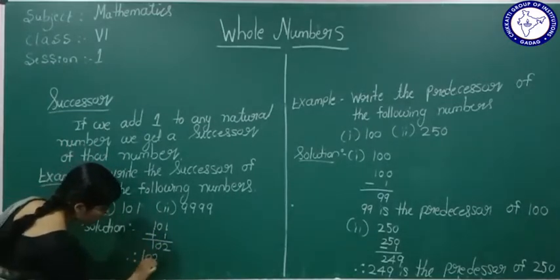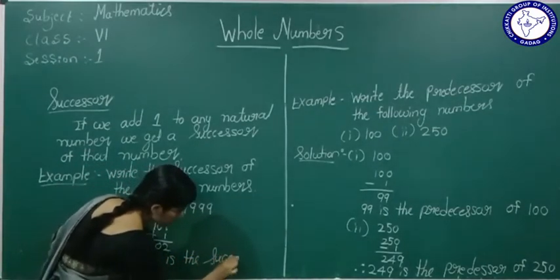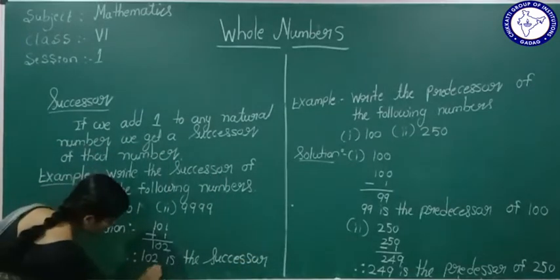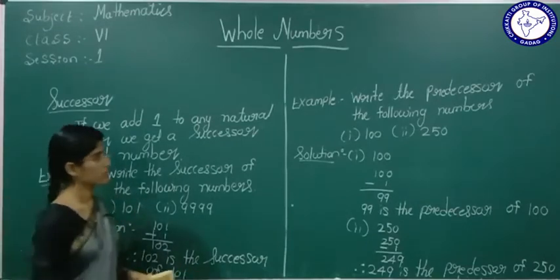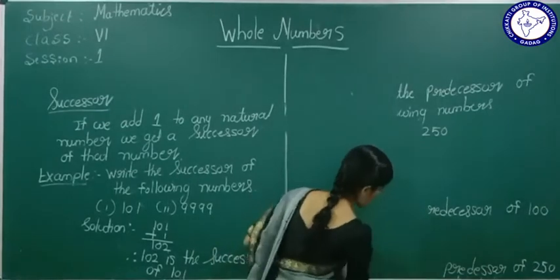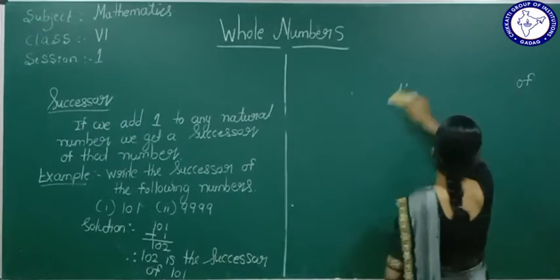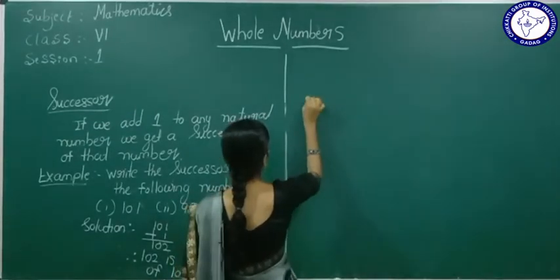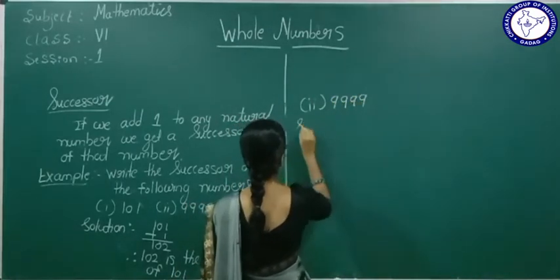Therefore 102 is the successor of 101. Now see, second one, 9,999.